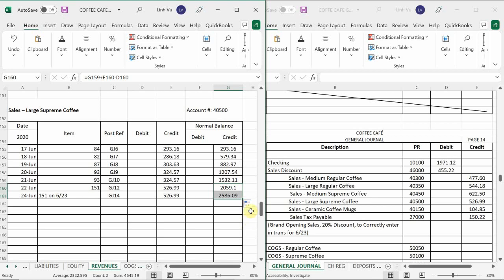I put the numbers in and it just gave me the wrong number. Okay. You were close. I got 258609. 258609. Yes.